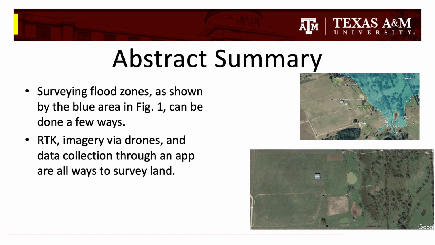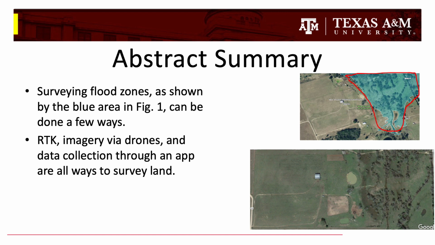To summarize the abstract, we took this zone from a FEMA flood map and wanted to compare that with drone imagery. However, initially we wanted to use RTK and LiDAR on a drone, but they were not nearly as accessible.